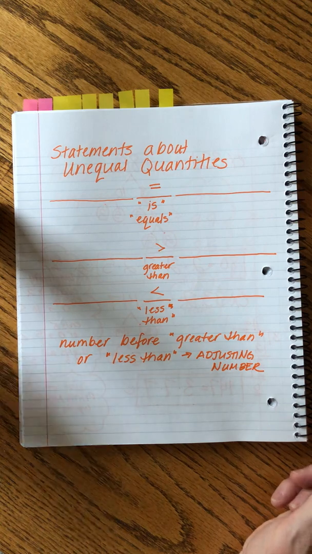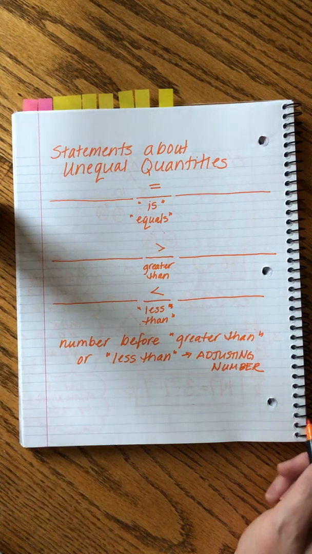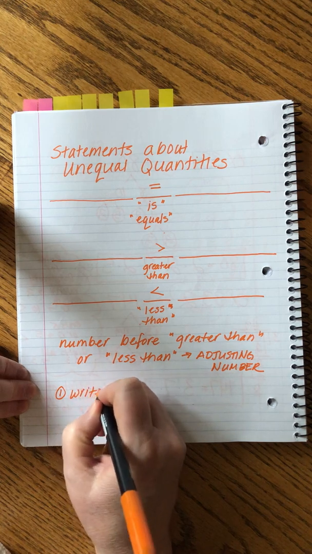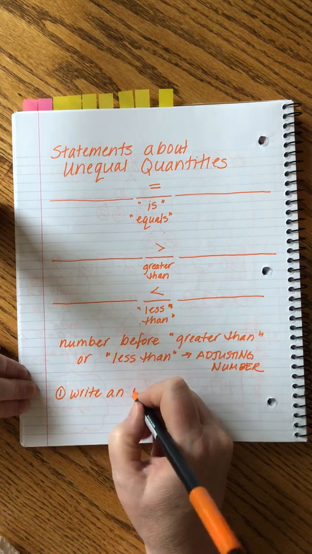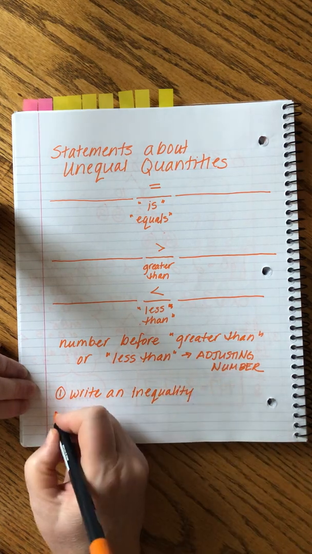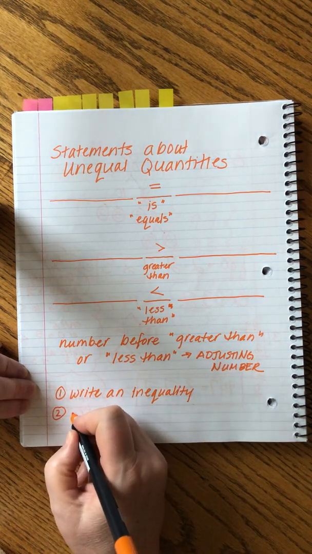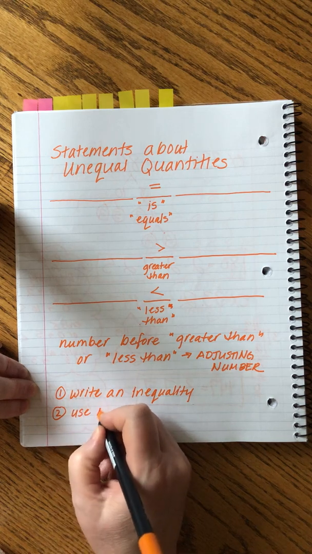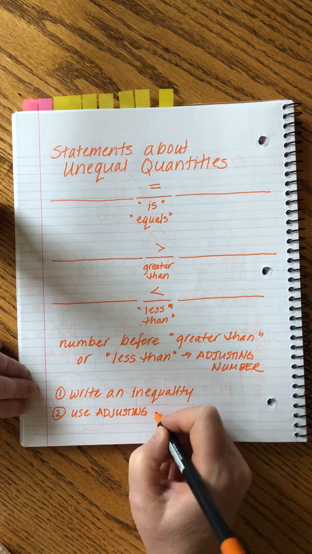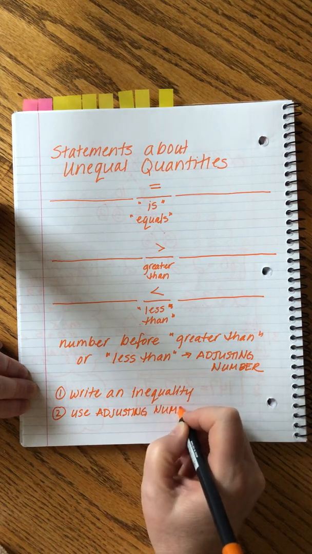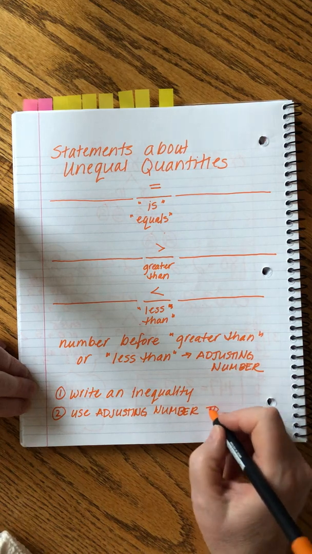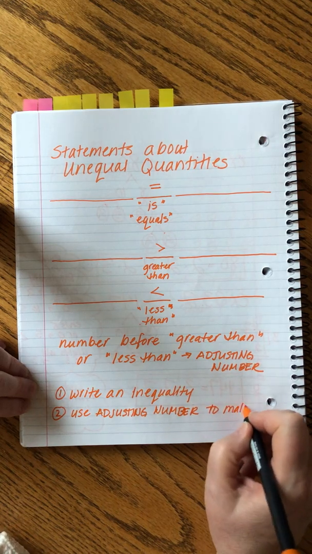The way we will work these problems, and they're tricky and they're hard, is first we will write an inequality. And then we will use the adjusting number to make it balance, to make it equal.